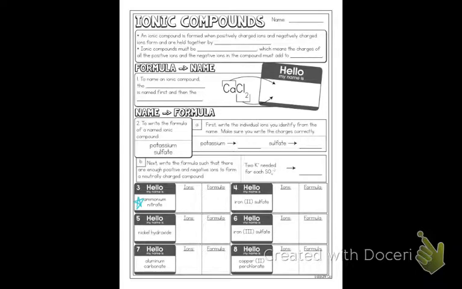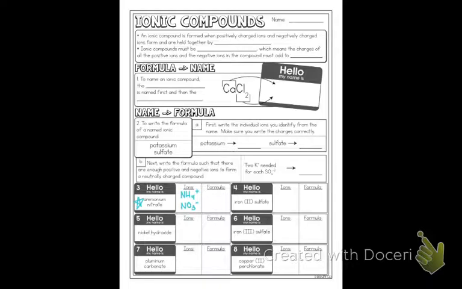Ammonium, if you remember from the ions that we just filled out, is NH4 with a +1 charge. And if you look back on page 2, we did nitrate last time we were together in class, which was Friday, I believe, and that is NO3 minus.